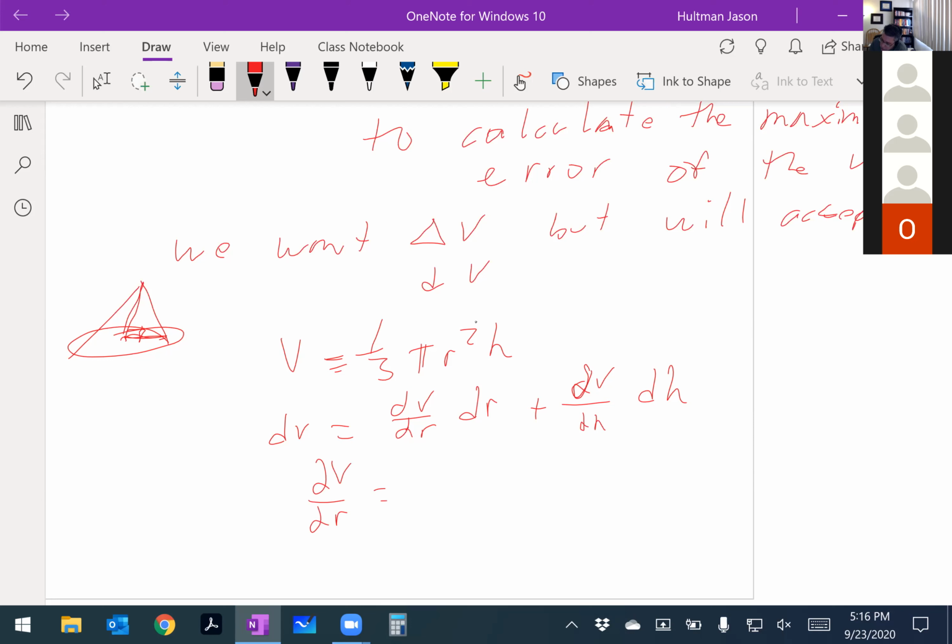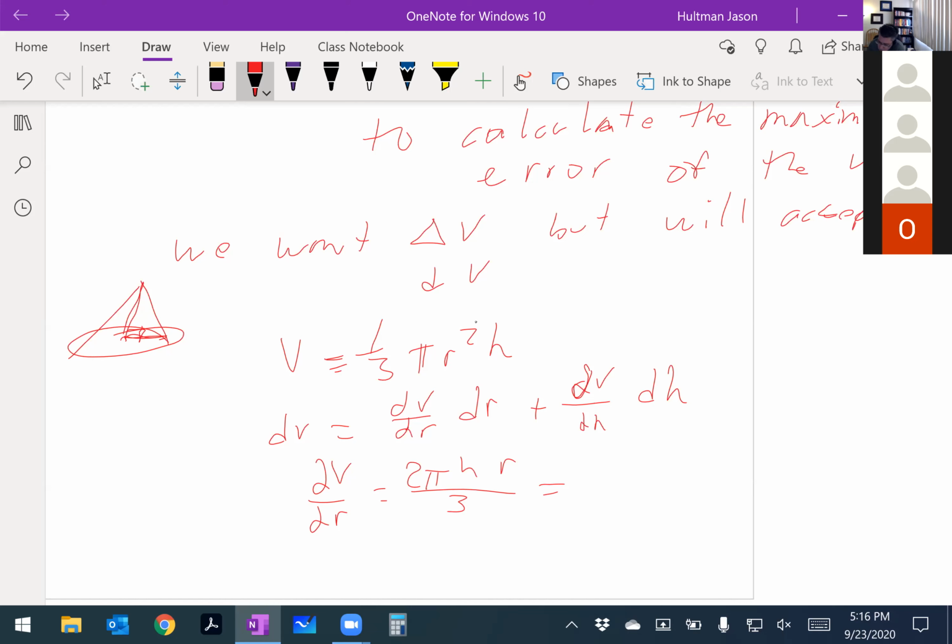Okay, so take the derivative with respect to r. I'm going to get 2 pi h r over 3, something like that. Okay, and then evaluate this for r and h.